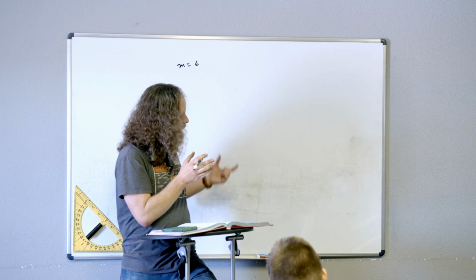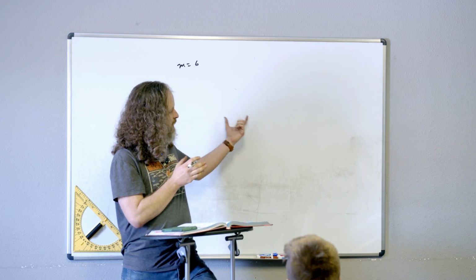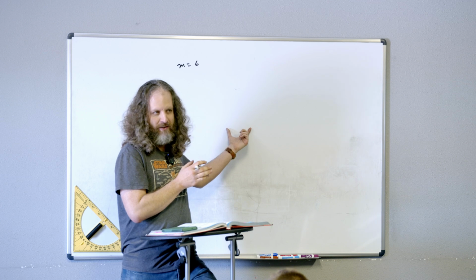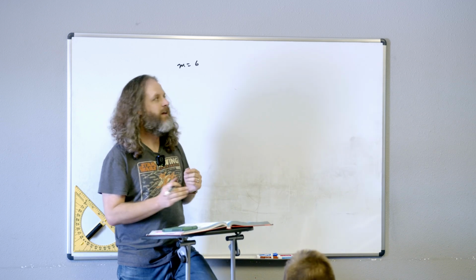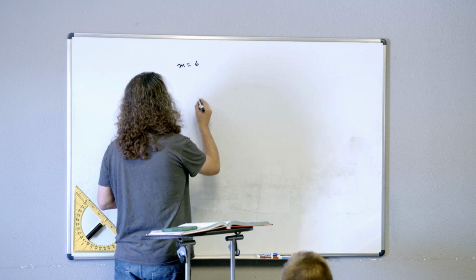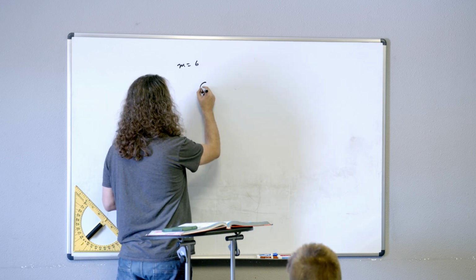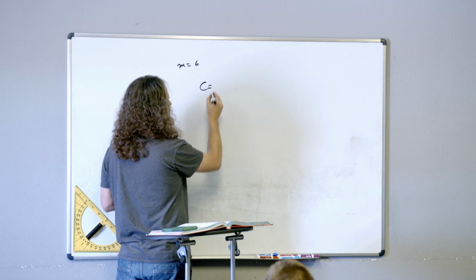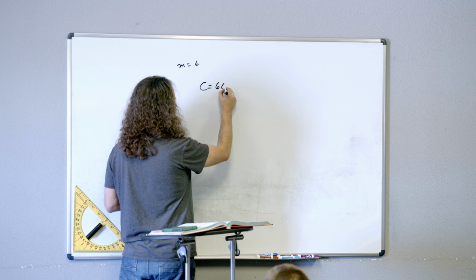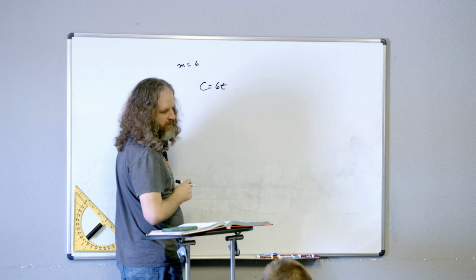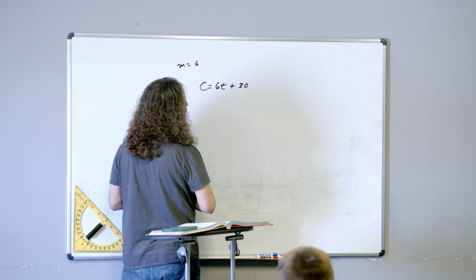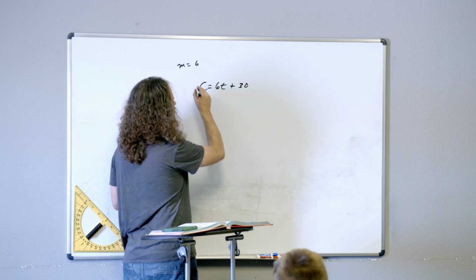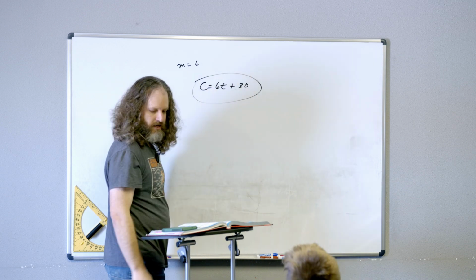On this one it's how much money we started with, and then we're adding this every time. So the equation would be cost equals 6 cents times the number of years plus the initial 30 cents. So that's part A.